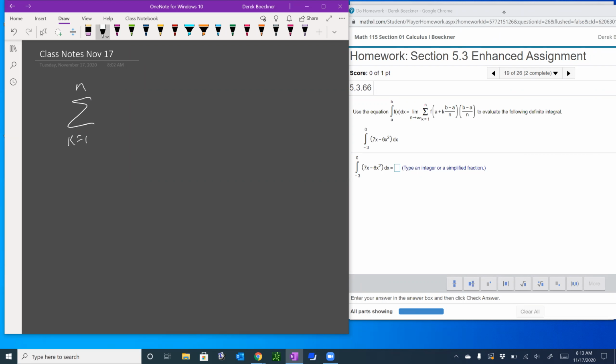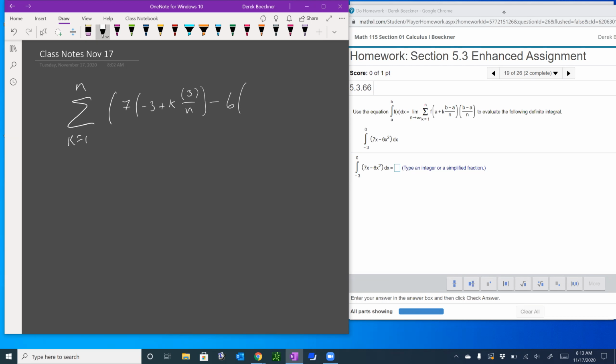F is the square function, so 7. A is -3. Plus K times B minus A, which is 3 over N. That's the 7-bit -6.